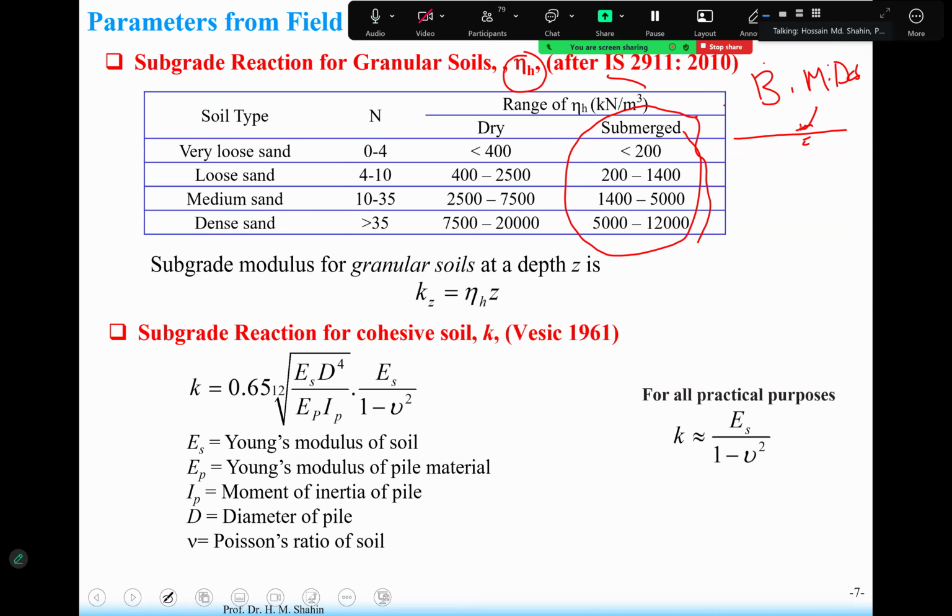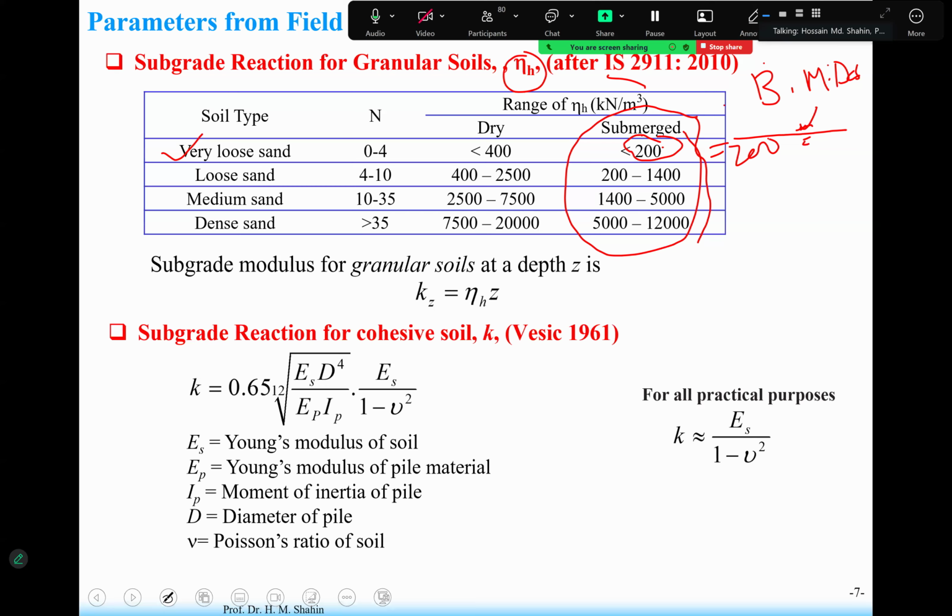It means submerged condition. So what you use for very loose sand, for sandy soil, very loose sand: use less than 40. So what you'll use, say 200, less than 200, use say 200.